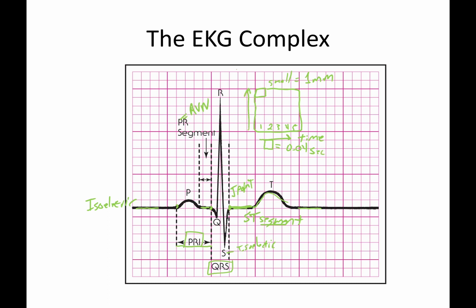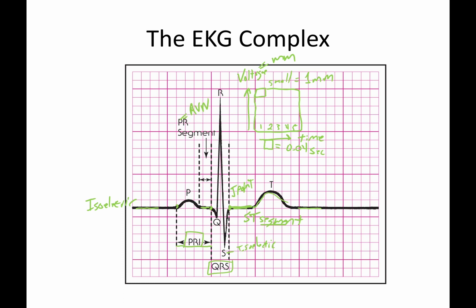Vertically, we're measuring voltage or energy, amplitude. And this one we tend to use just millimeters, so 1 or 2 millimeter elevation or depression, rather than its actual electric value.